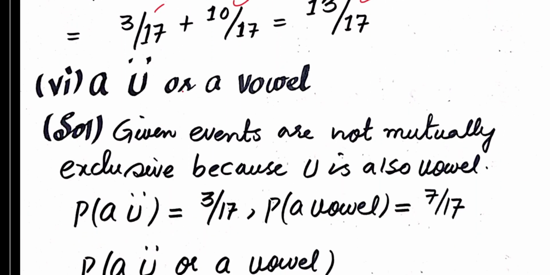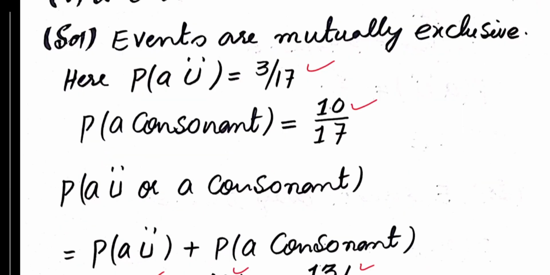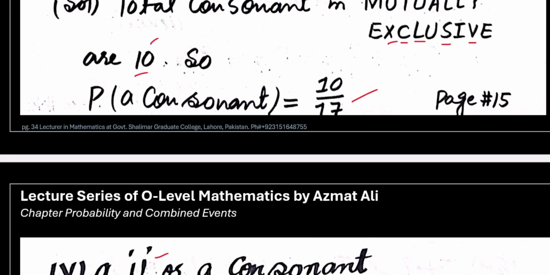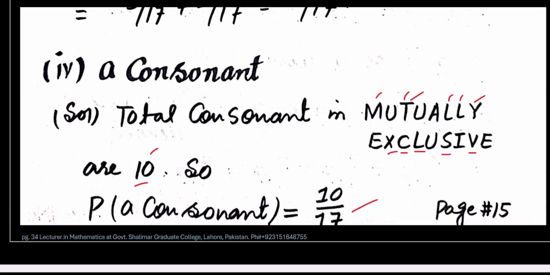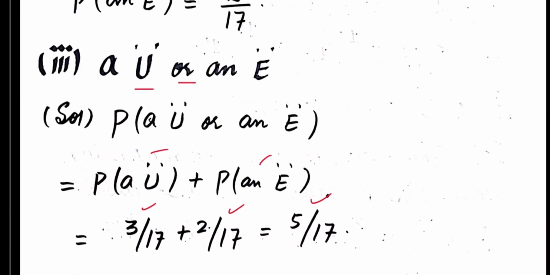Probability of a U or vowel. Given events are not mutually exclusive because U is also a vowel. Probability of U is 3 over 17, probability of vowel is 7 over 17. From the words mutually exclusive, you can count the vowels.